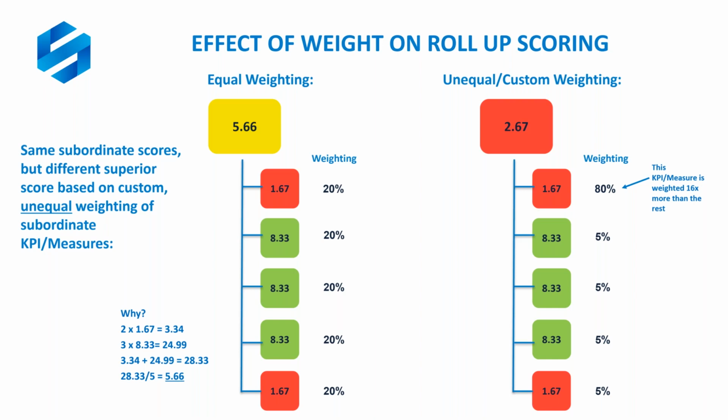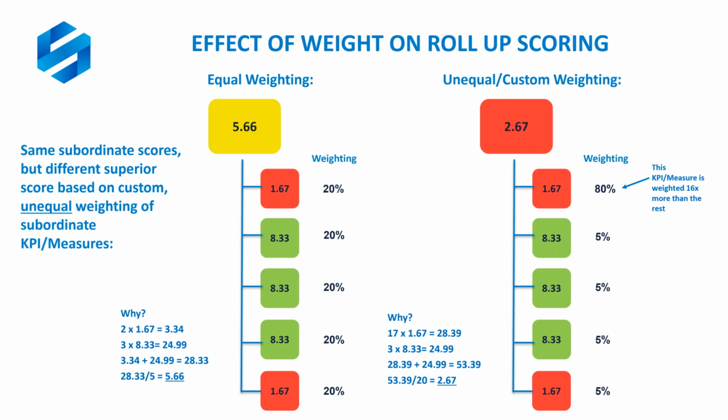So in this case, what you end up with is obviously a completely different normalized score up at the top. And the math here, of course, is because the 1.67 is 16 times more weighty, if you will. It completely changes the math.